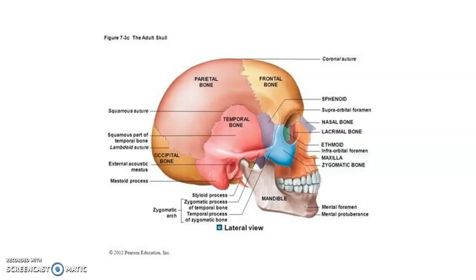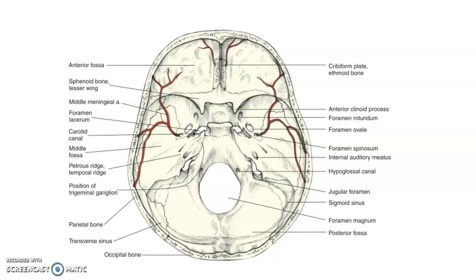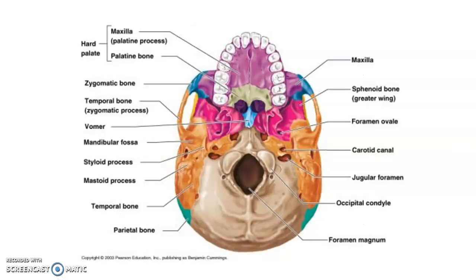Here's another picture of the side, the lateral view, posterior, and this inferior, okay? Make sure you know those as well. Okay. And this area here is always on there. The vomer, the maxilla, those bones here. There's a lot of foramens within the skull, right? I know there's a lot to it, so really work on that skull anatomy.